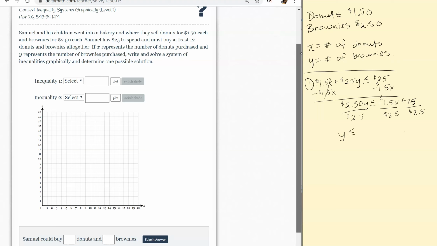Here we are. When you do 250 divided by 250, you get 1, and you don't need to write 1, so you can just write y.